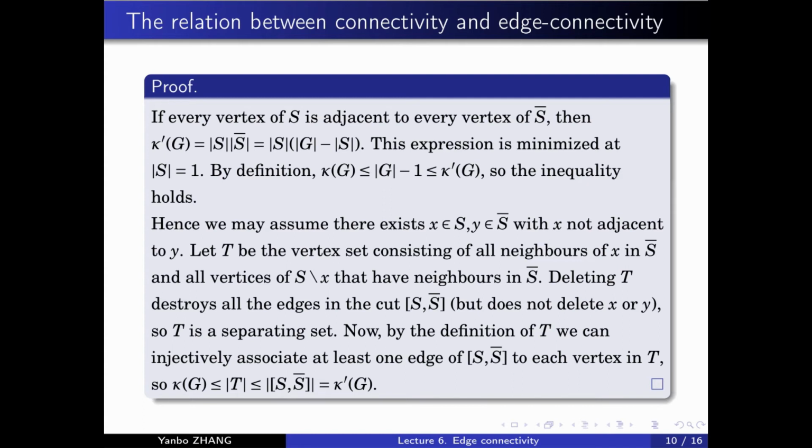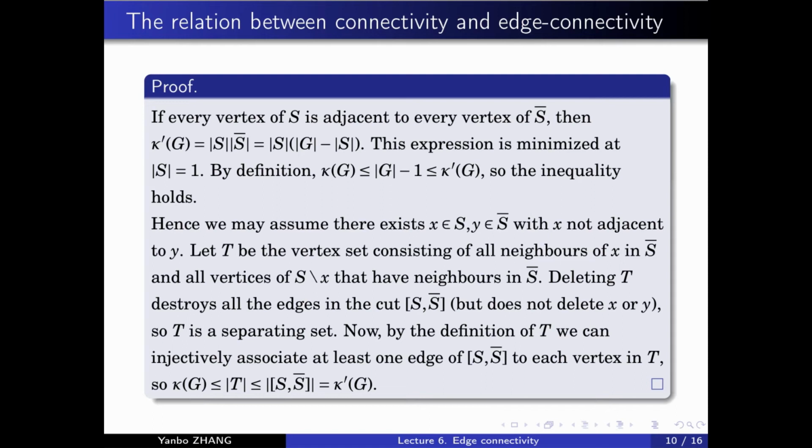For each edge of the edge cut, if the endpoint in S is not x, then we choose it as an element of T. If the endpoint in S is x, then we choose the other endpoint as an element of T. Deleting T destroys all the edges in the cut, but does not delete x or y. So T is a separating set.